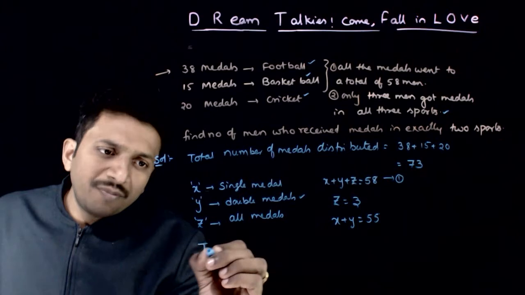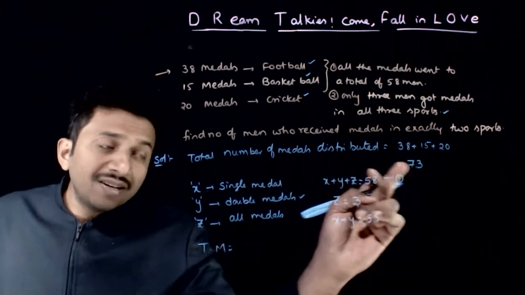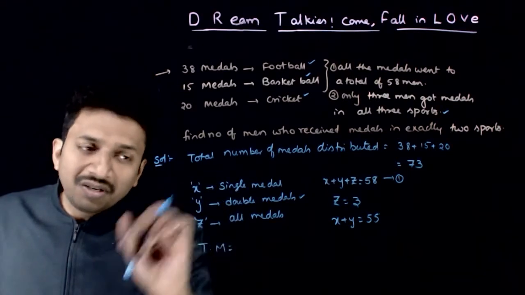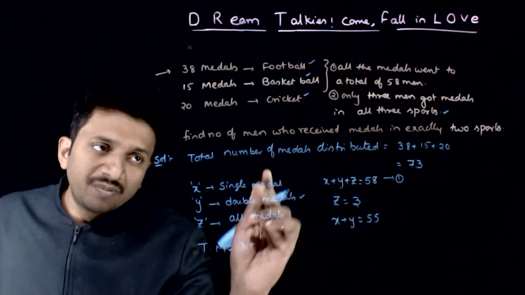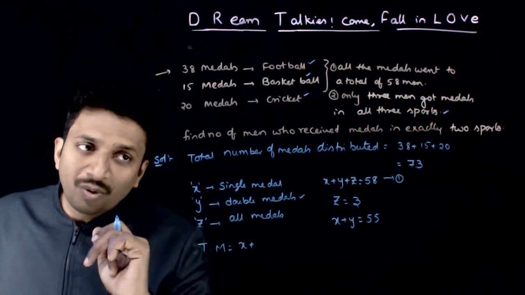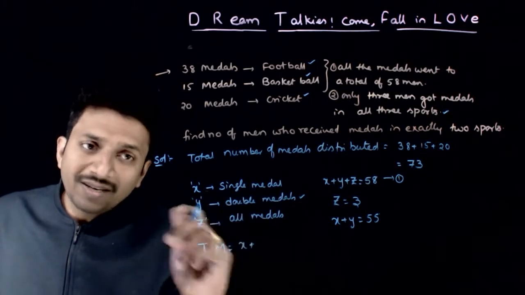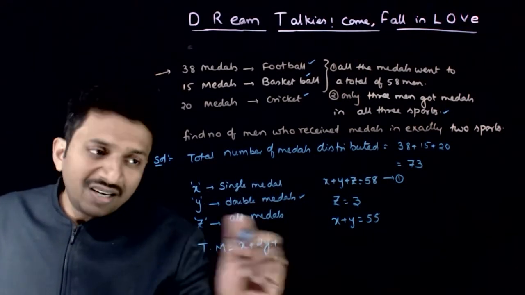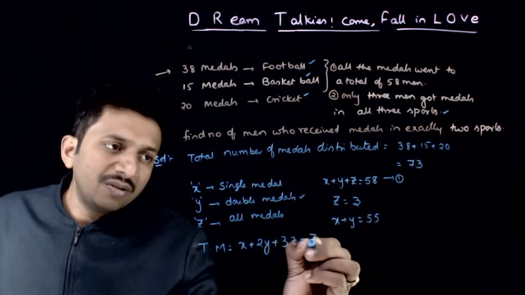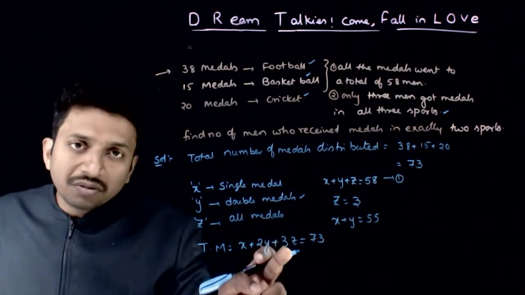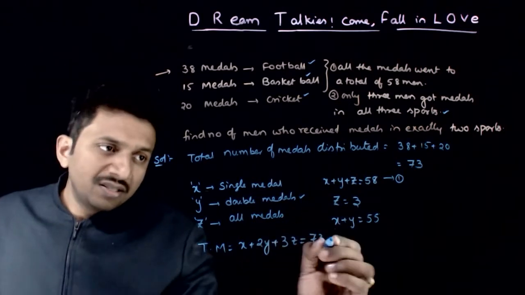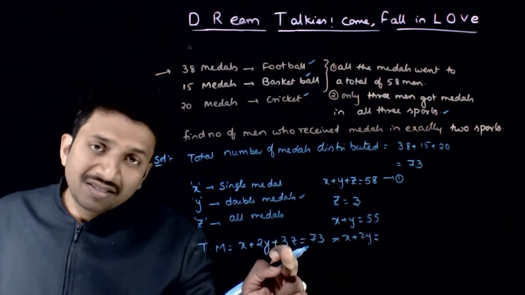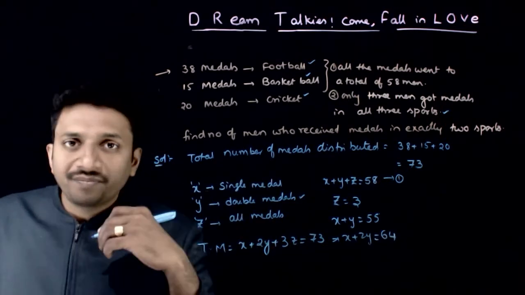Total medals given is 73, but according to this assumption, the total number of medals is x, because they are single medalists, so you have x medals going to these men. Y got 2 medals each, so 2y medals have been spent, plus 3z medals have been spent, is equal to 73. So z has already been taken as 3. So this implies x plus 2y is equal to 73 minus 9, which is 64.